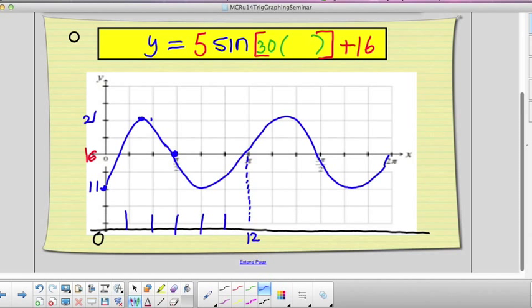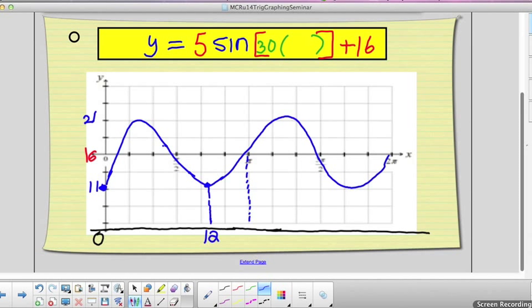Every 12 hours, one cycle is every twice. So that means one full cycle is at 12, should be over here.